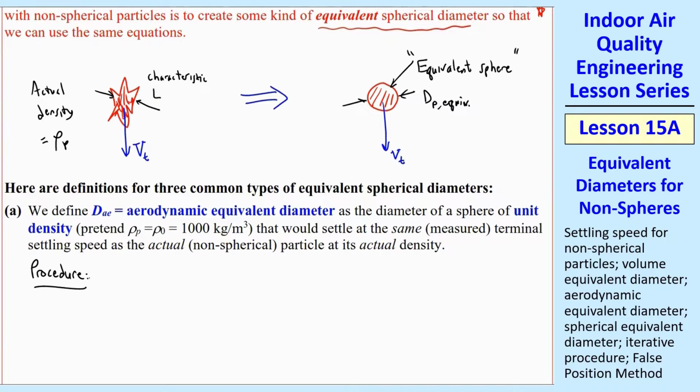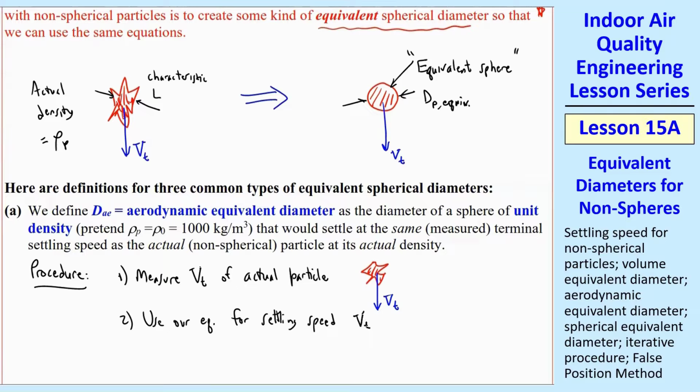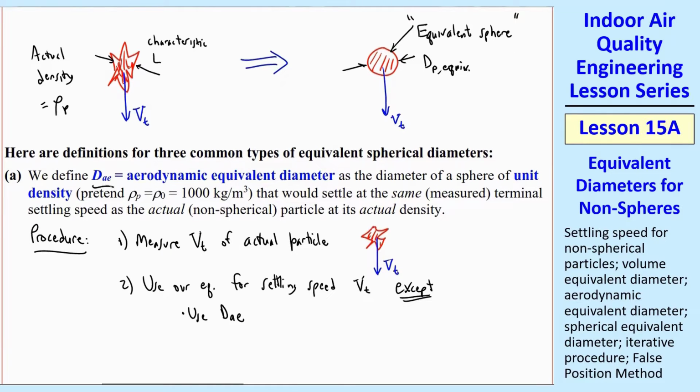Here's the procedure. You measure the settling speed of the actual particle. So that would be VT. Number two, you use our equation for settling speed VT from our previous lesson, except use DAE. That's the notation here for aerodynamic equivalent diameter. Use DAE instead of DP, and use rho naught, unit density, instead of rho p.